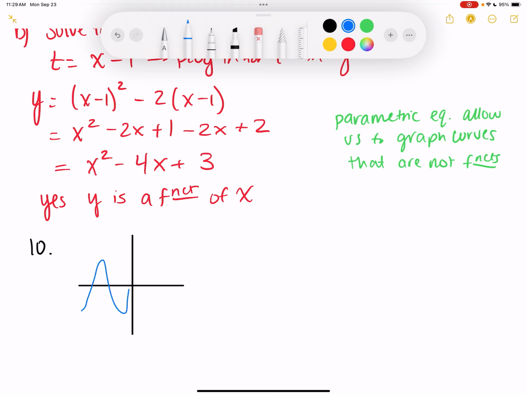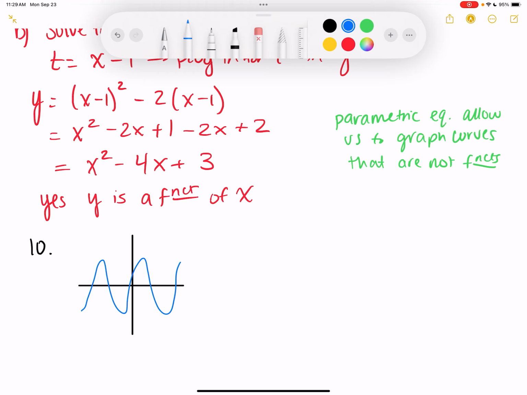Oh, it's a sine of x equation. Is it passing through 0 there or not? No, it's supposed to be passing. Okay. That took way too many tries. So it's shifted horizontally, that's not what we're doing.